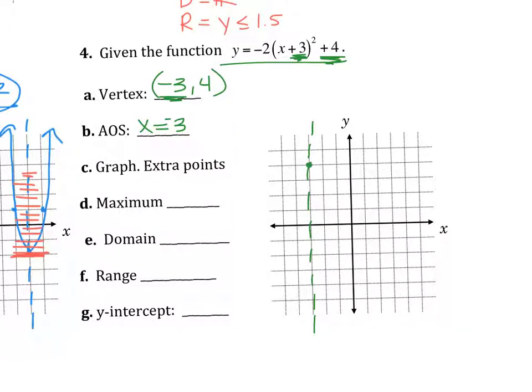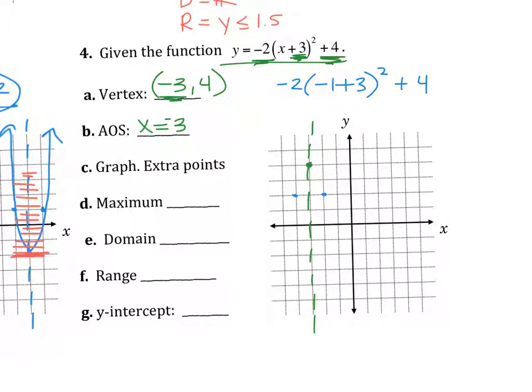Okay, if we're going to graph some extra points, first of all, you have a negative 2 there, so you may do one move of negative 2. You're going to go down 2 over 1, down 2 over 1 on both sides. Let's plug one more point in just to see where it ends up. What point's a good one to plug in? If we go right next to it, it would be negative 1, right? So you're going to go negative 2 times negative 1 plus 3 squared plus 4.